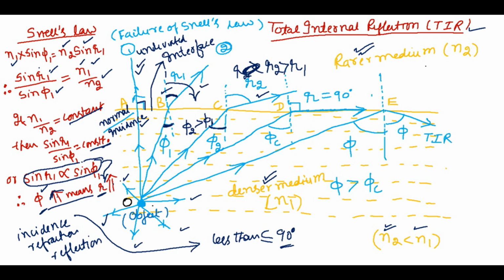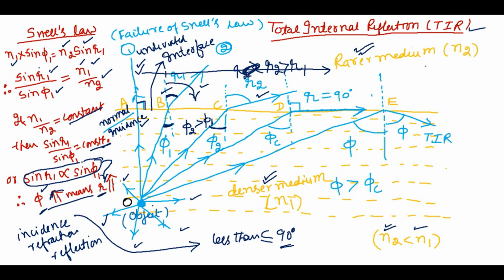We therefore conclude, as we move away from the point of normal incidence, the refracted ray will be more and more closer to the interface between water and air. So therefore a point must be available.